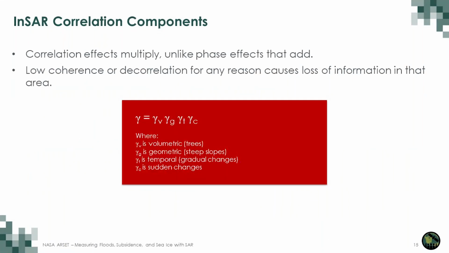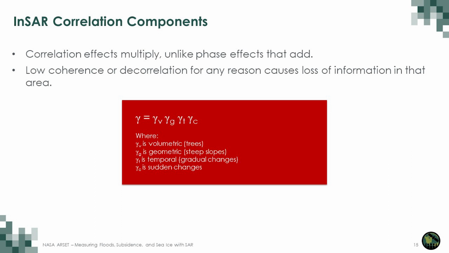So the other key thing is that the correlation effects are multiplied instead of added. Some of the other effects in SAR interferometry are added together, but the correlation or coherence is multiplied. So that means that if any one of these factors is low, then the total coherence is going to be low.